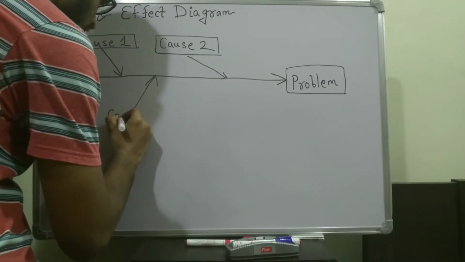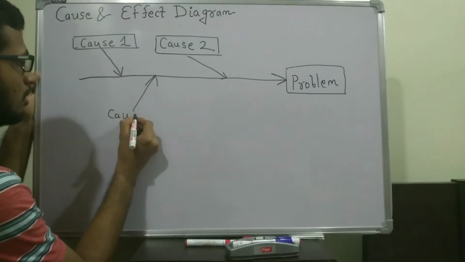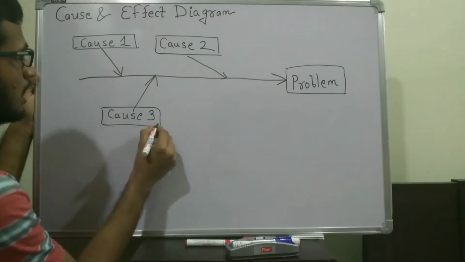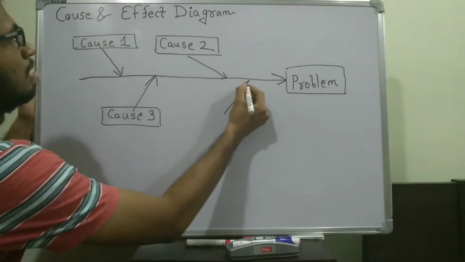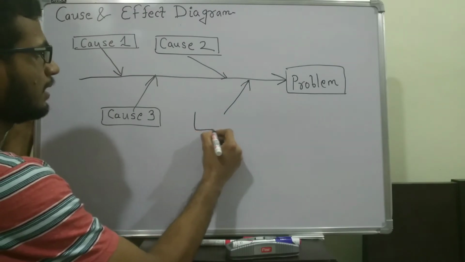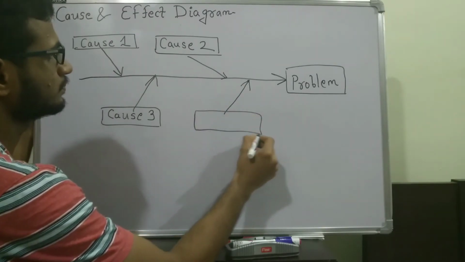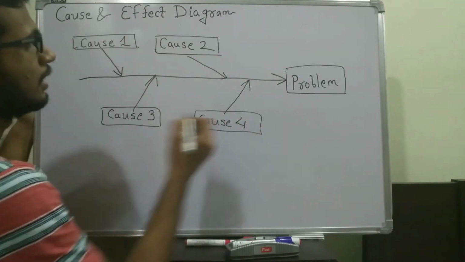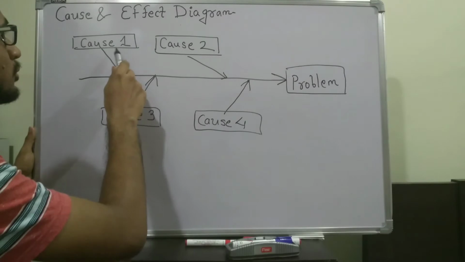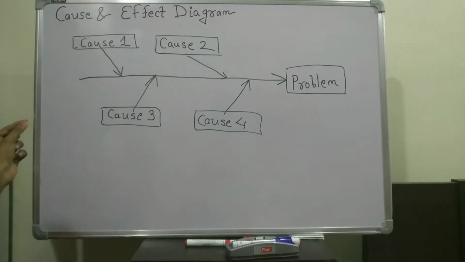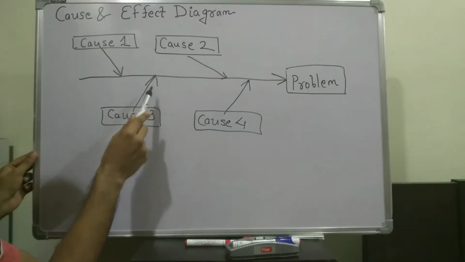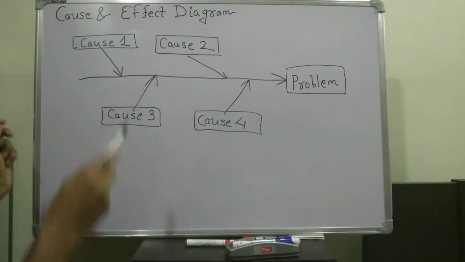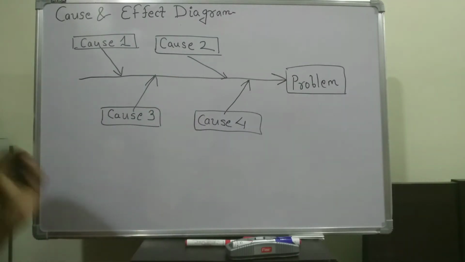This is going to be cause 3, and similarly there can even be a cause 4. So these causes, cause 1, cause 2, cause 3, cause 4, which we draw by placing an arrow towards the horizontal arrow drawn towards the problem, are the primary causes.